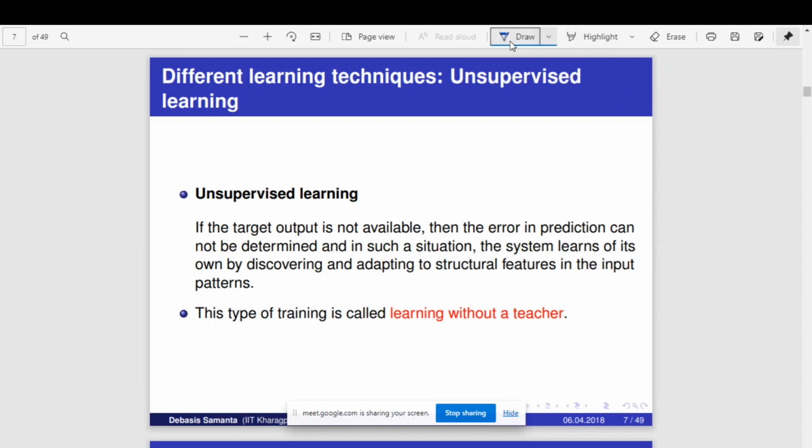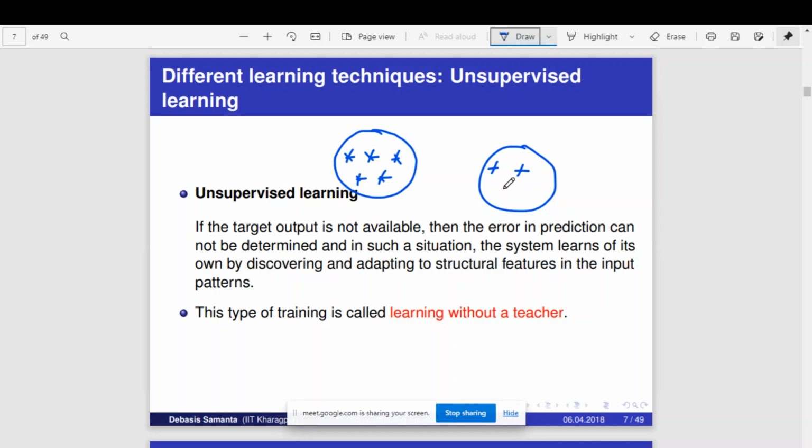it performs something called clustering. It says that all these items belong to one category. It will group items together and say that these items belong to some other category.